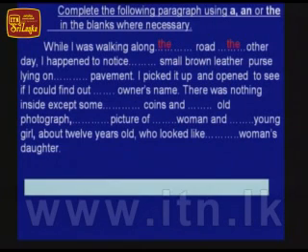Now we do not know what this purse is. We are talking about the purse for the first time. So let us use the article a. I happened to notice a small brown leather purse lying on the pavement. On the pavement. I picked it up and opened to see if I could find out blank owner's name.